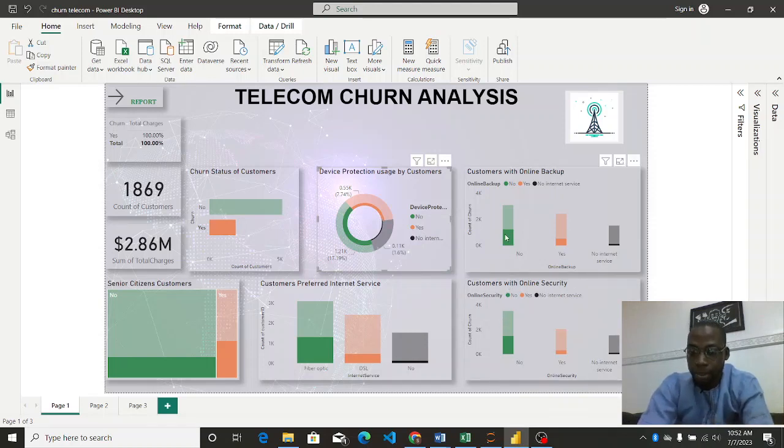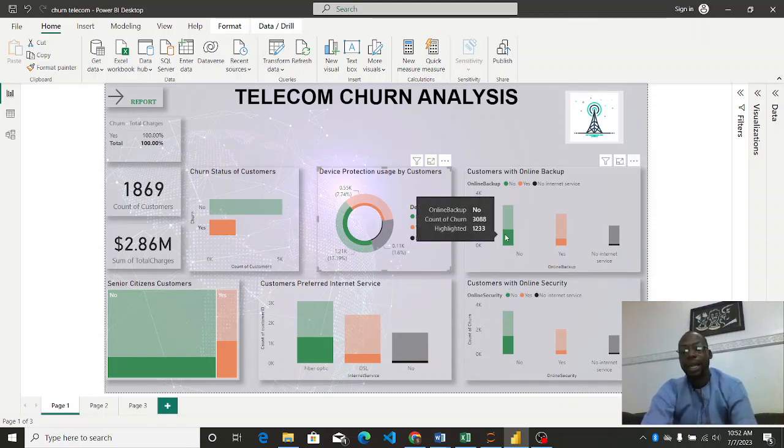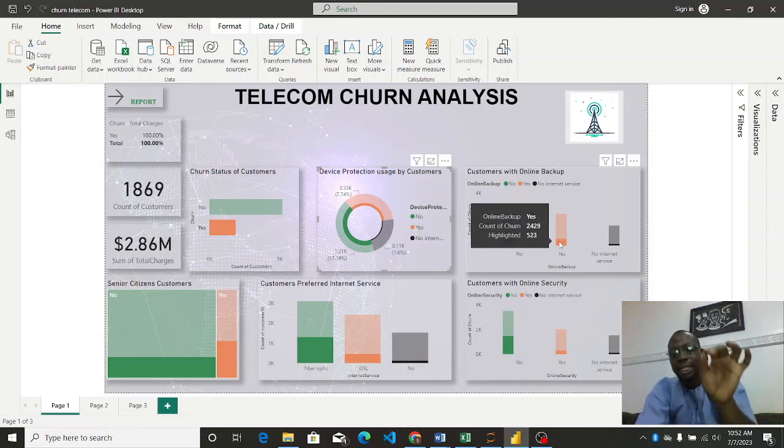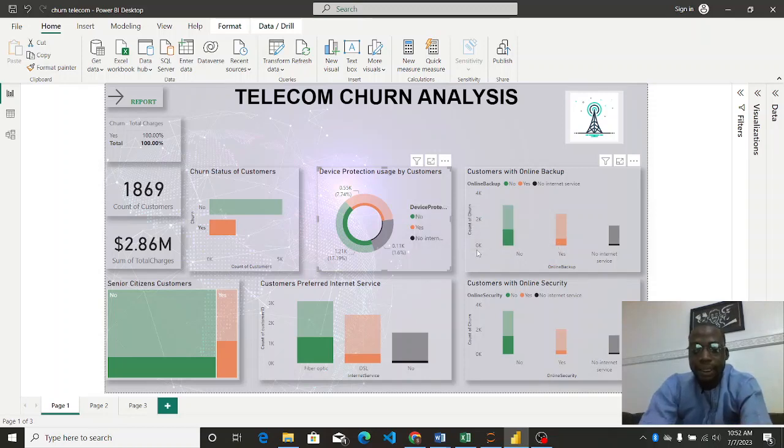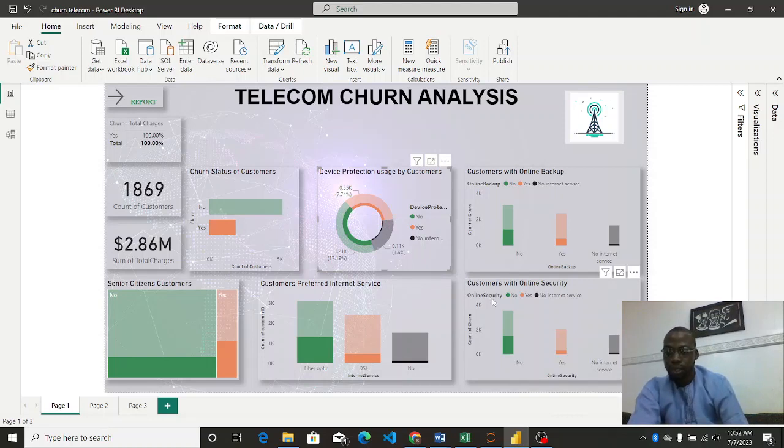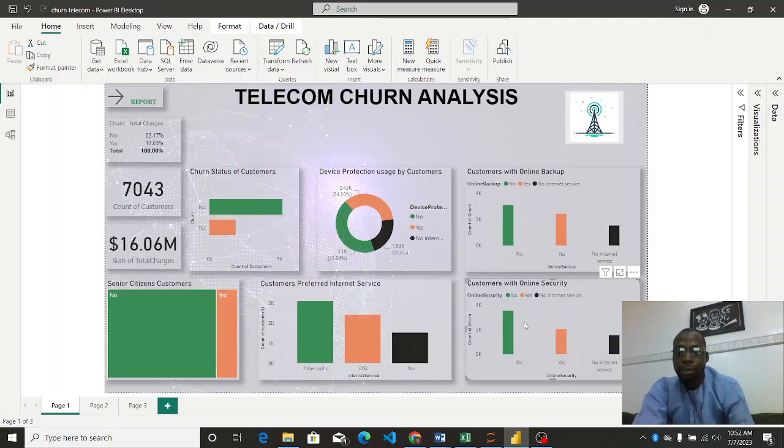Same goes with online backup. We have more people that don't have online backup than people that have online backup. But there is a science in the sequential movement of this analysis. There's a science from their device not being protected, which shows that they are vulnerable, to them having no online security, to them having no online backup.